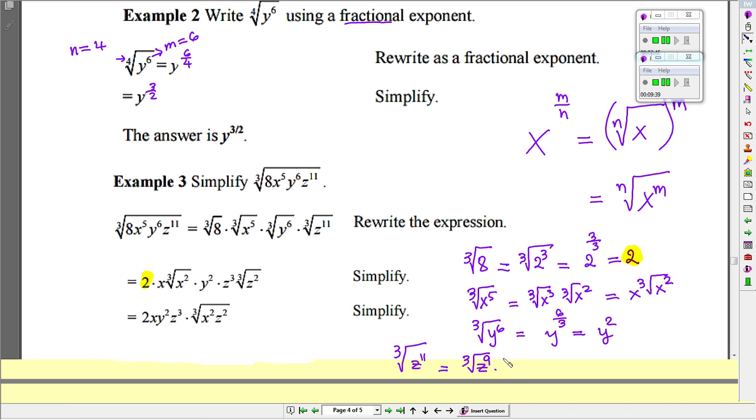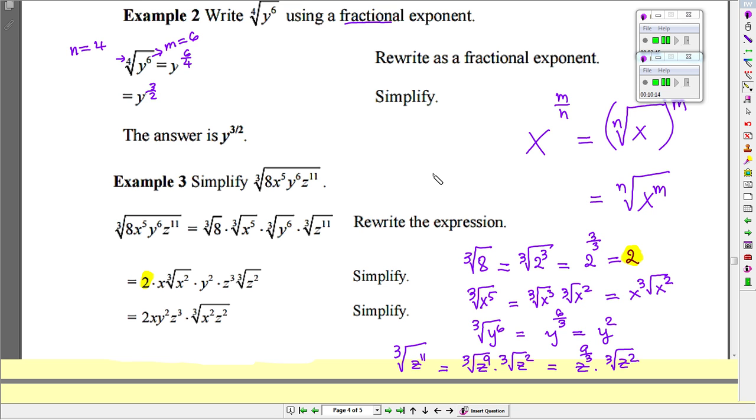So I have cube root of z to the power 9 times cube root of z to the power 2. For the first one, 9 divided by 3, I'm going to write them as a fraction exponent. And the next one, I'll keep at the radical, so cube root of z squared. Now 9 divided by 3 gives us 3, so that's where we get z to the power 3 times cube root of z squared.